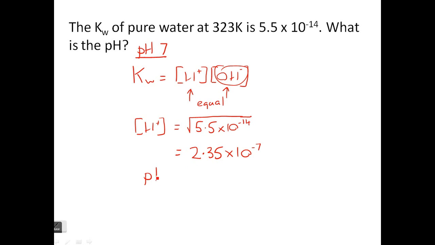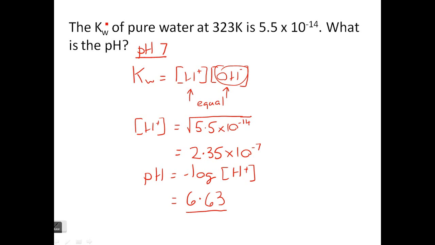And then you can calculate the pH, which is negative log of the hydrogen ion concentration. If you input that value into there, you end up with a pH of 6.63. Well, you can see now that the pH of pure water, I mean the pH of a neutral solution, where these two are equal, is not always 7, is it?